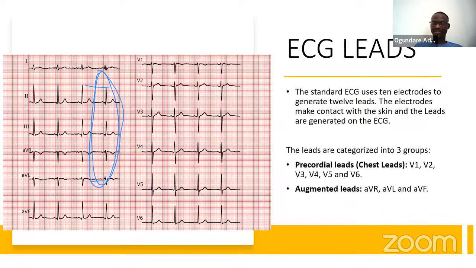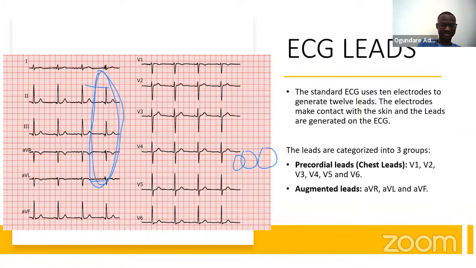Then the second group are the augmented leads. The augmented leads are AVR, AVL, and AVF: augmented vector right, augmented vector left, and augmented vector foot.